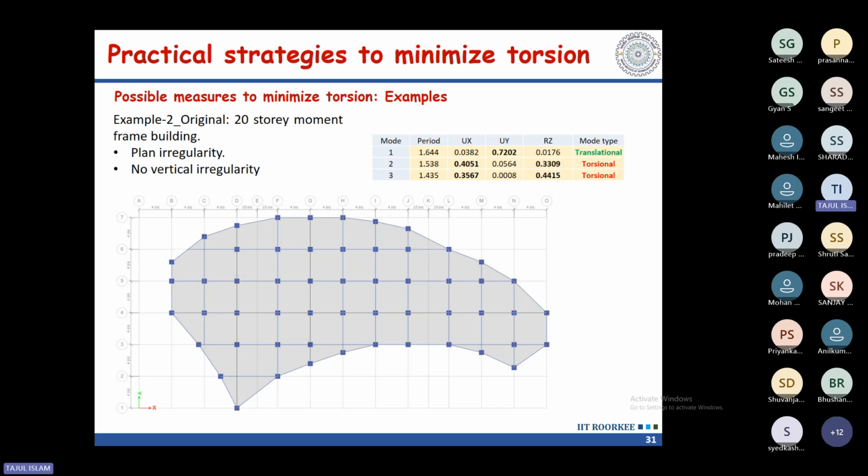There are 2 aspects you have to understand actually. First aspect is really trying to satisfy the performance of the building, and the second aspect is satisfying the condition given in the code. Because as a structural engineer, the second aspect is important for us.